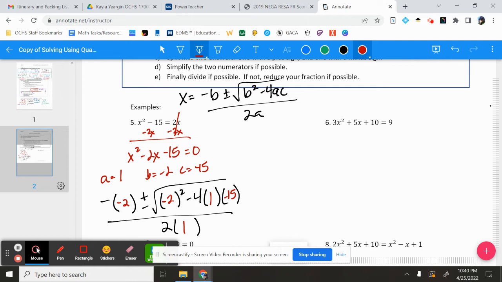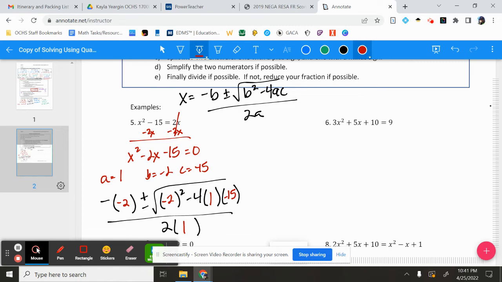Now, if you have the black calculator, you want to press the button that has a box over box. That'll start the division line for me. If you're using Desmos, you just go ahead and hit the slash button near the question mark, and that'll start my division bar. And if you have one of the older calculators, you're going to need to use a lot of parentheses here. So if I'm using the black calculator, I hit the box over box button. I want to start with a negative sign.